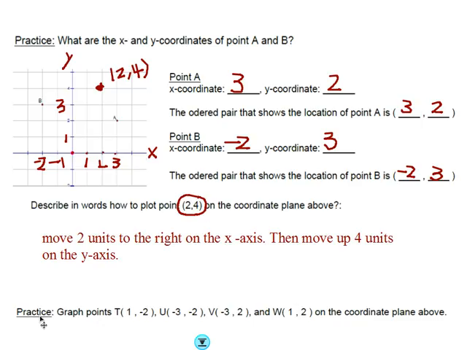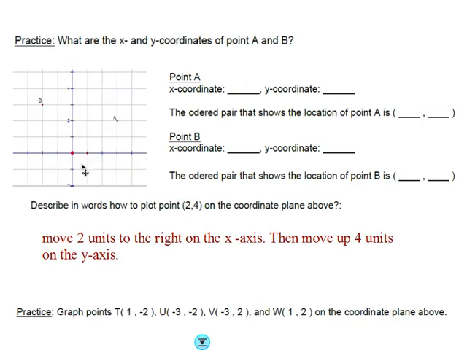For the second part, you're going to be graphing points T, U, V, W. You don't have to clear this graph, but I'm going to erase everything here just to make everything clean. Now, point T is 1, negative 2. So take your pencil, starting with the x-axis.